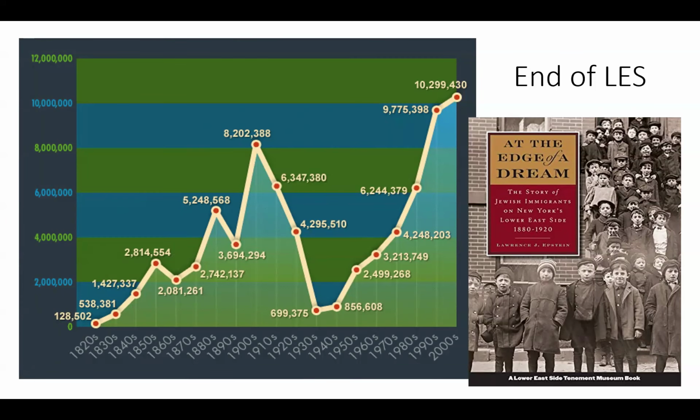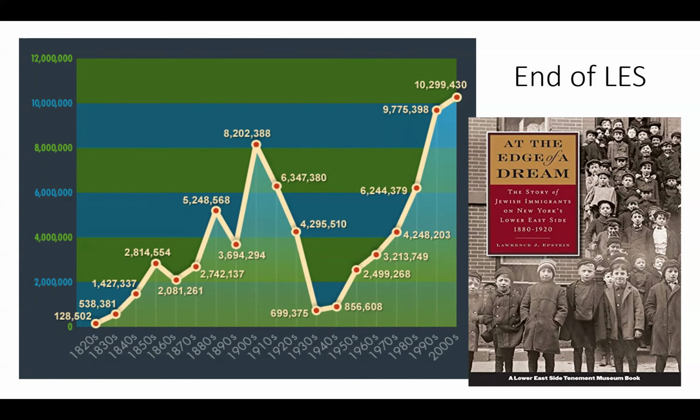Eastern European Jewish immigration skyrocketed. Look at the 1890s, 1900s, 8 million coming into the United States. This is the high point. Following the outbreak of World War I, the immigration began to decline.